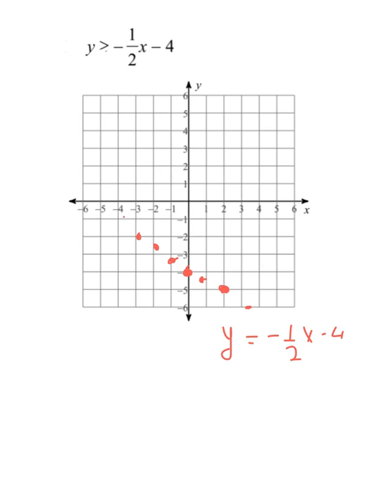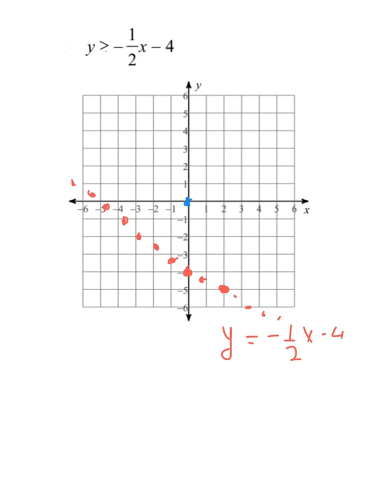Okay, and this divides the graph into two parts. One part's going to have solutions, and one part is not. So how do we know which part has the solutions? Well, we use a test point, and my favorite test point is available right here, 0, 0.